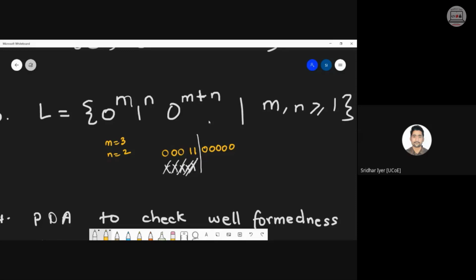Very simple, because first 0 will come, accept those zeros, push x on the stack. After that 1 will come, push x on the stack. Now we know that we have read all the zeros and all the ones. After reading all the ones, for whatever input comes, correspondingly pop the element from the stack. Am I clear now? Very simple.